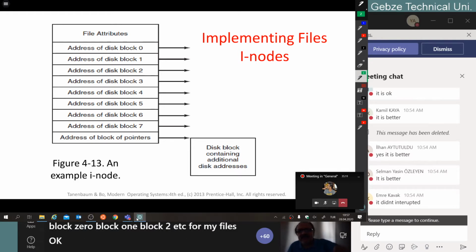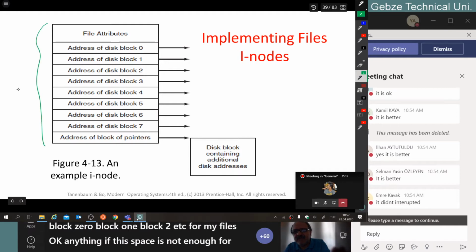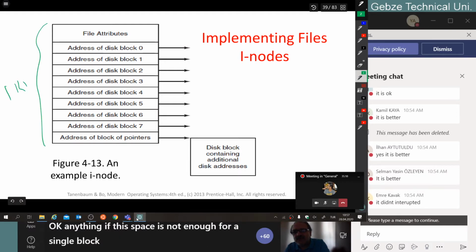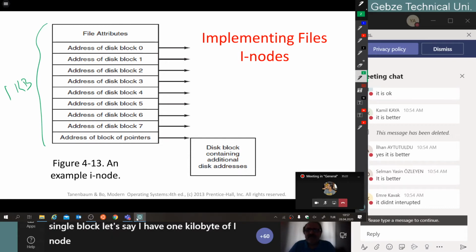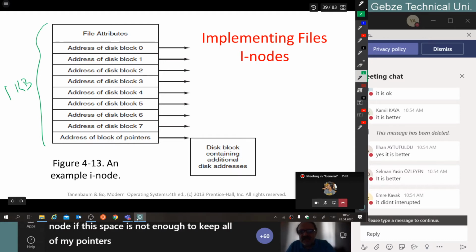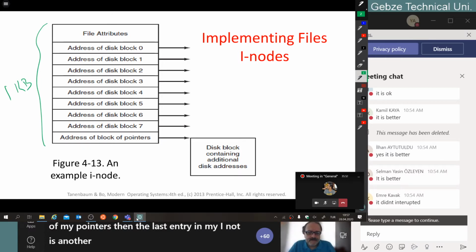If this space is not enough, let's say I have 1 kilobyte of inode, and it is not enough to keep all of my pointers, then the last entry in my inode is a pointer to another block.